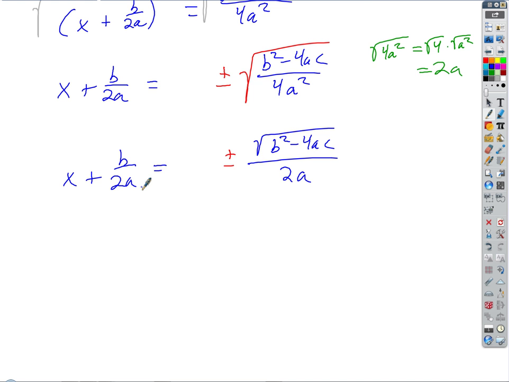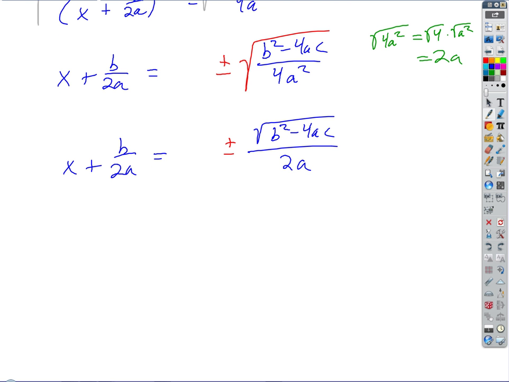Subtract b over 2a from both sides. Is this starting to look familiar? So that's going to give us negative b over 2a plus or minus the square root of b squared minus 4ac over 2a. But look, we've actually got a common denominator there, don't we?